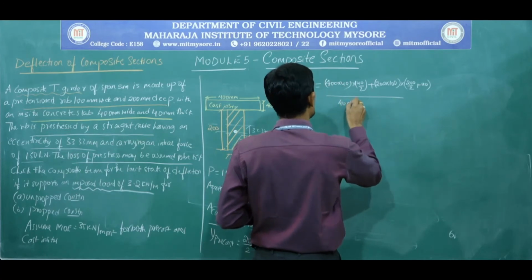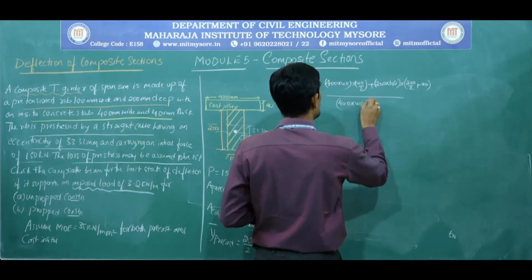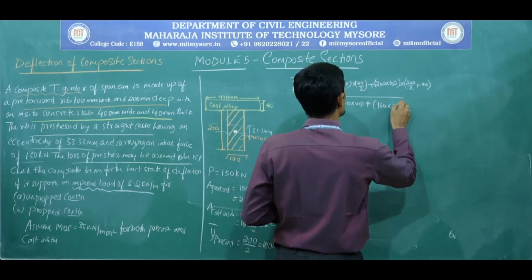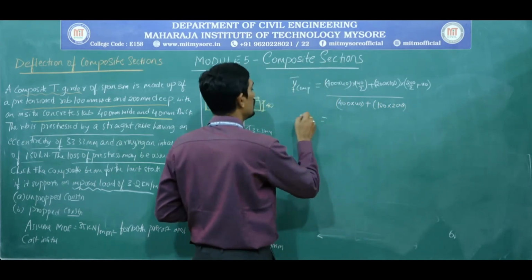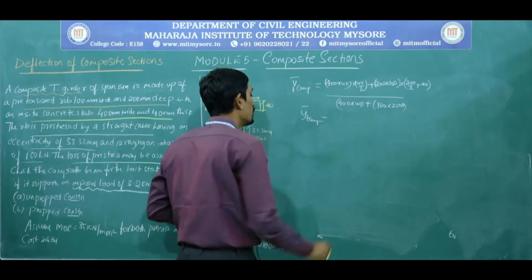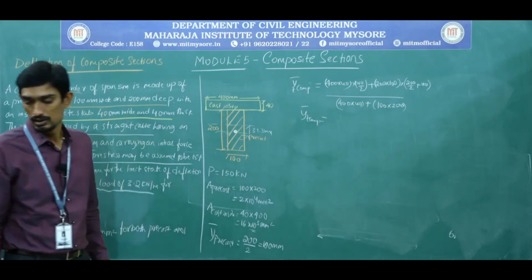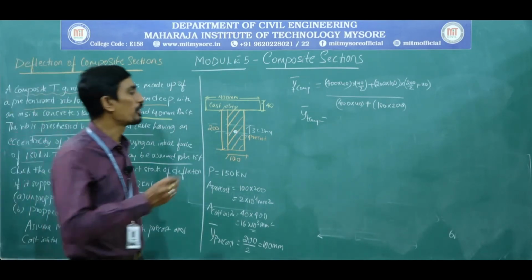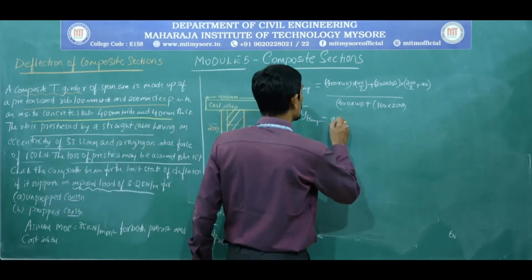Divided by 400 into 40 plus 200 into 100. So Y bar T of the composite from the top will be 86.67 millimeter.